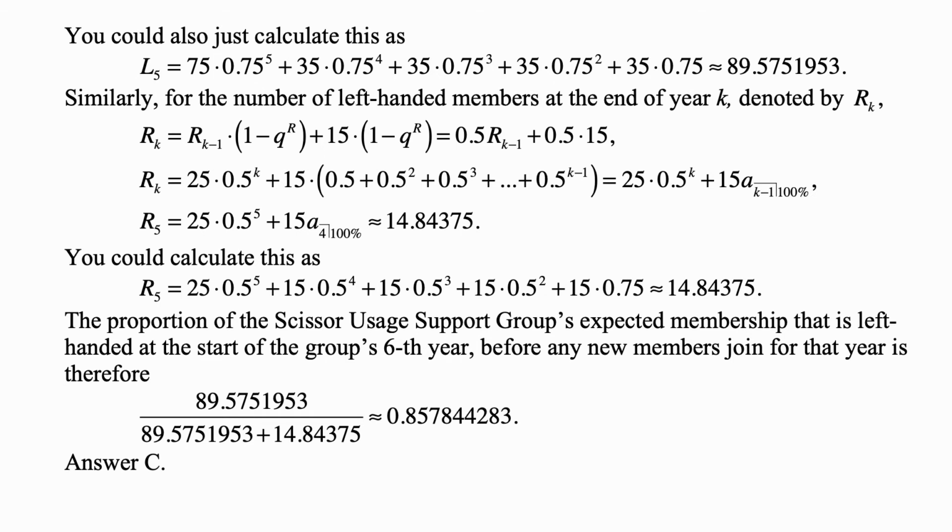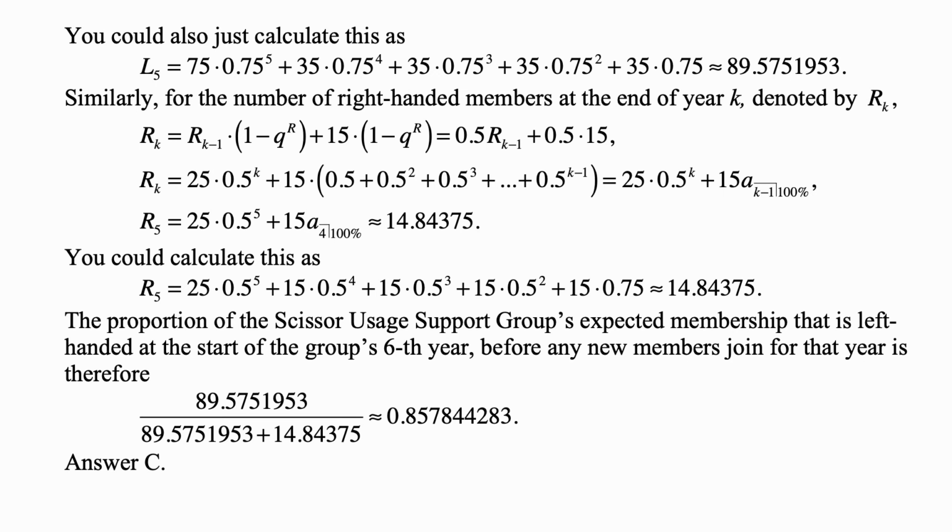Similarly, for the number of right-handed members, my apology, right-handed members at the end of year k, denoted by Rk. Rk is equal to Rk minus 1 times 1 minus QR plus 15 times 1 minus QR. So 0.5 Rk minus 1 plus 0.5 times 15.